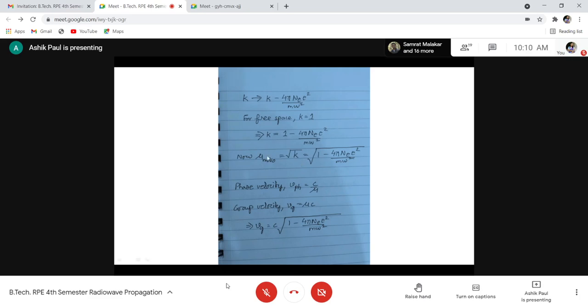So once the radio refractive index mu has been defined in this situation, the corresponding phase velocity will be simply c upon mu, and the group velocity is given by mu into c. These are some things which you already know perhaps from your classes on electromagnetic fields and waves in the third semester.